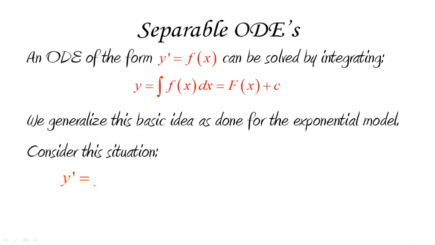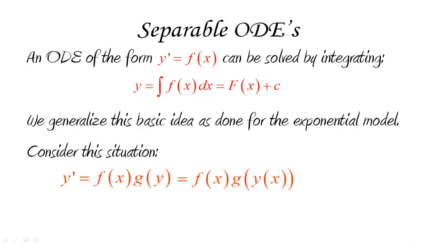Consider this situation. Let's say that we have a differential equation that looks like this: y prime equals a function of x times a function of y itself. Remember, a differential equation may have the function itself involved in it. Think about it. What are we looking for in the solution of a differential equation? We want to know what y is as a function of x. So y is a function of x, right?